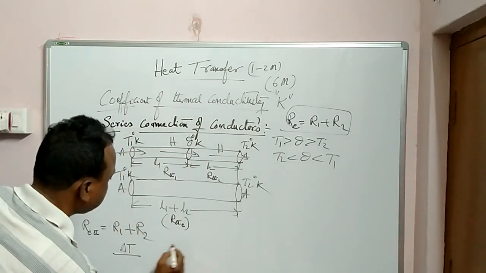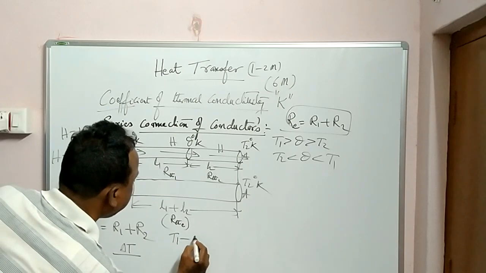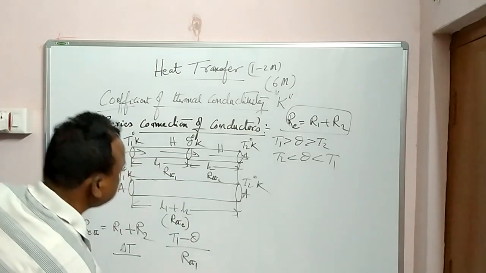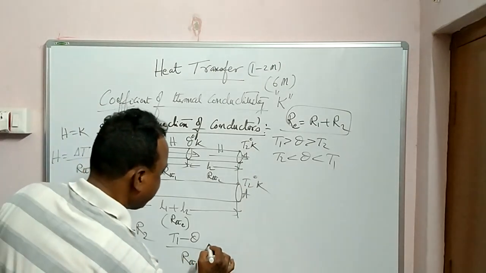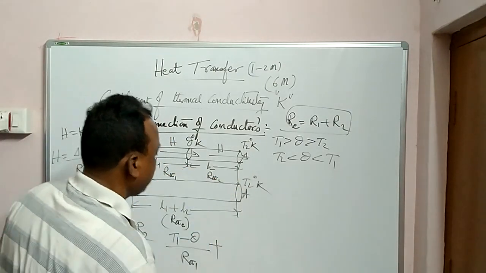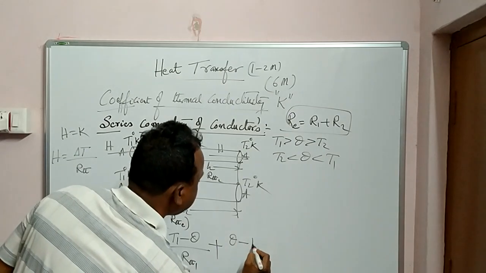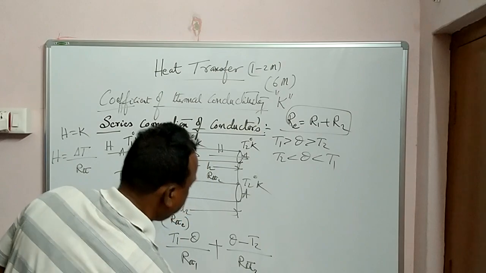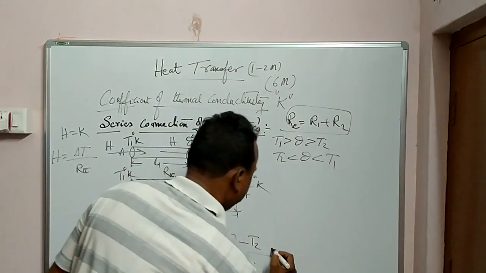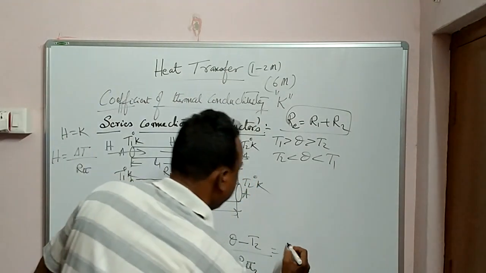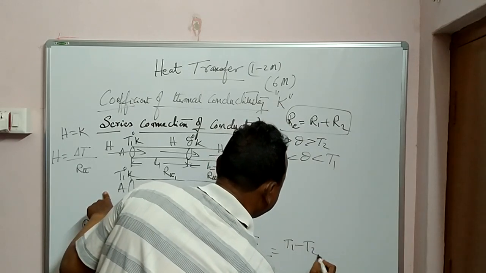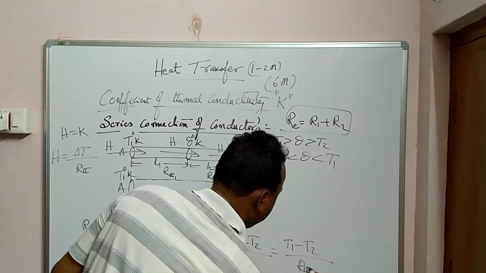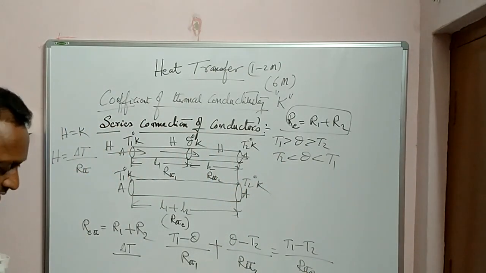T1 minus theta by R thermal 1, plus, for this one, theta minus T2 by R thermal 2, and this is equal to T1 minus T2 by R thermal effective. Please note down.